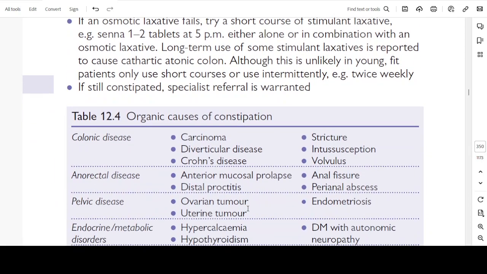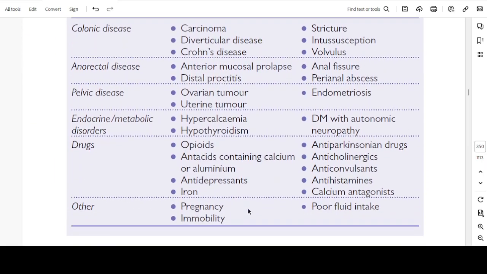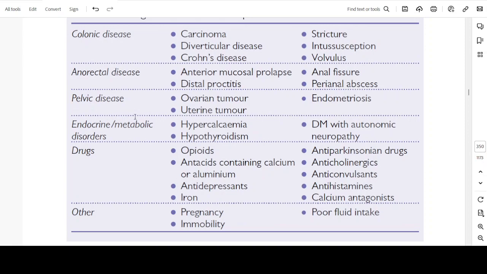Organic causes of constipation, table 12.4. This is also an extensive one. Let us see. Colonic disease: carcinoma, diverticular disease, Crohn's disease, stricture, intussusception, or volvulus. Anorectal disease: anterior mucosal prolapse, distal proctitis, anal fissures, perianal abscess. Pelvic disease: ovarian tumor, uterine tumor, or endometriosis.